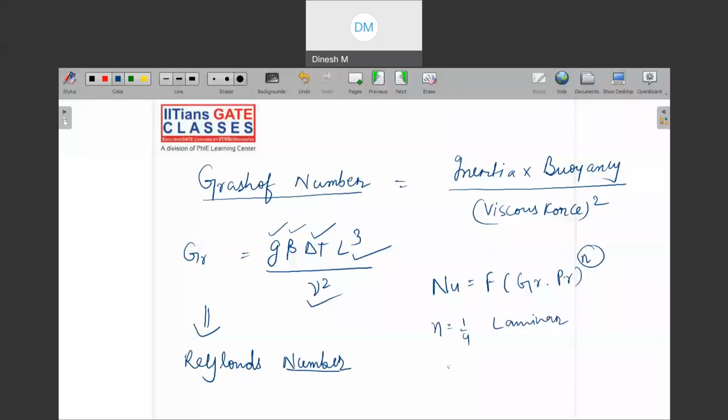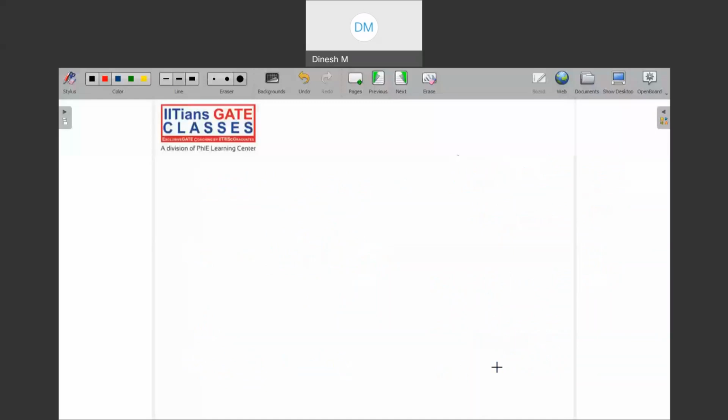But we have not yet got the idea of how you will decide whether the flow is laminar or turbulent. So this is decided by a factor called the Rayleigh number. What is that Rayleigh number? The product of the Grashof number into the Prandtl number.